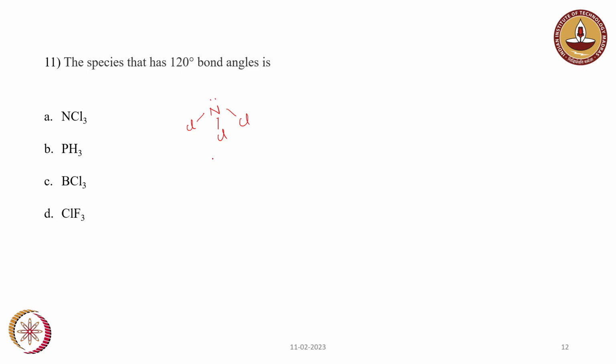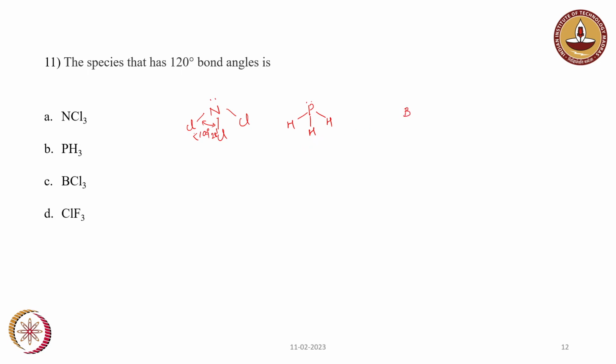So it will be a pyramidal shape, and the angle will be less than 109 degrees. For PH3, similarly, 5 valence electrons and a pyramidal shape, so it will again be less than 109.